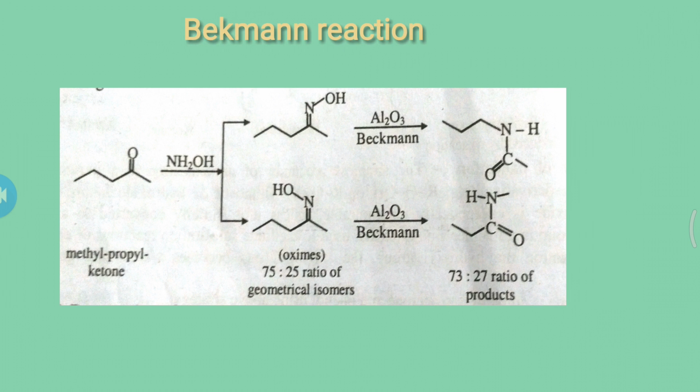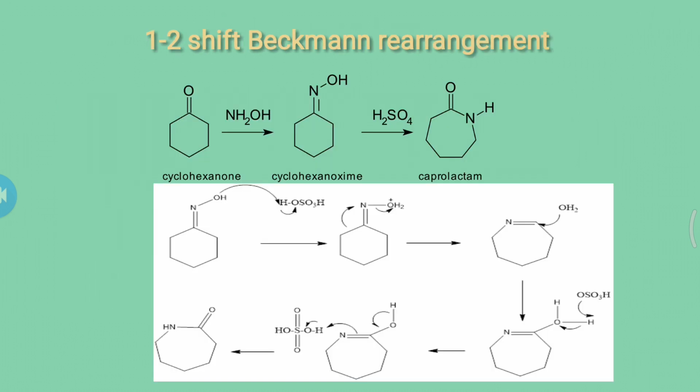So the alkyl group trans to the hydroxyl is what matters most in the Beckmann reaction.